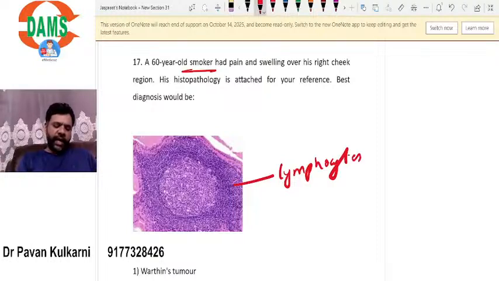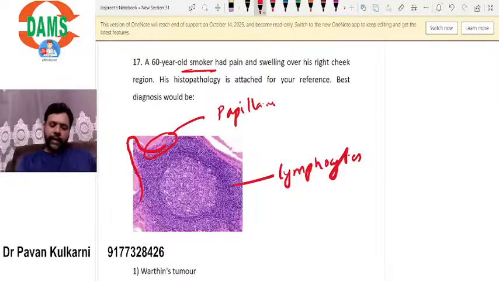And if you see carefully here, there is an epithelium which is bilayered. Classically seen, bilayered. That is called as papillary epithelium.